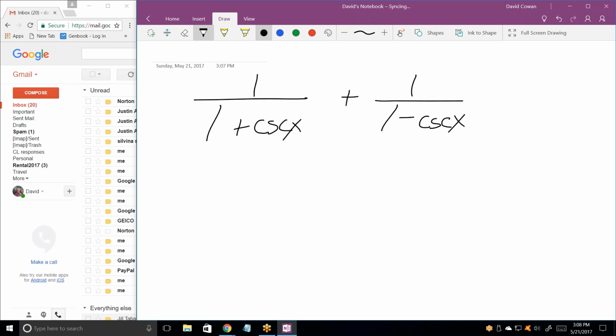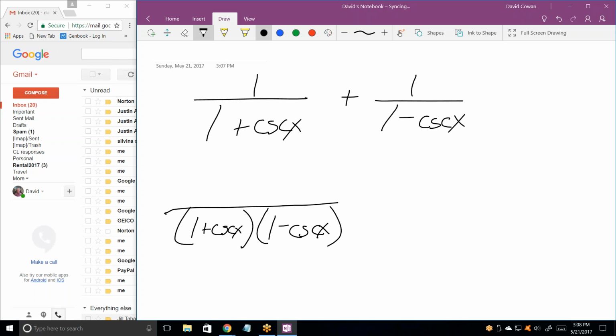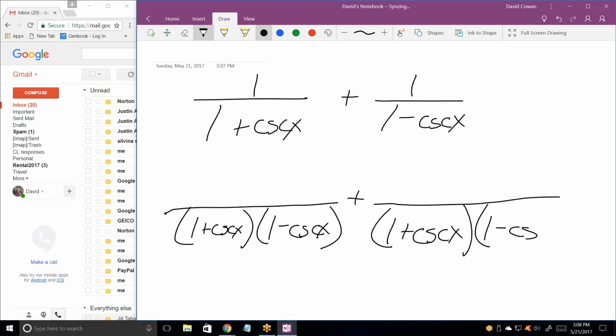Notice that if we tried to find a least common denominator, what would it be? 1 plus cosecant times 1 minus cosecant. In other words, you can always get a common denominator by multiplying the two denominators. That won't always give you the least common denominator, but who cares? We get a common denominator every time if we multiply the two denominators.